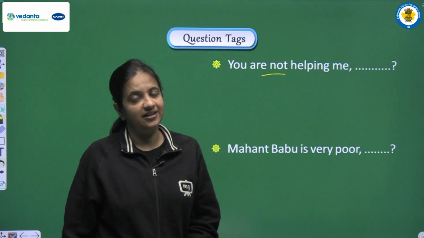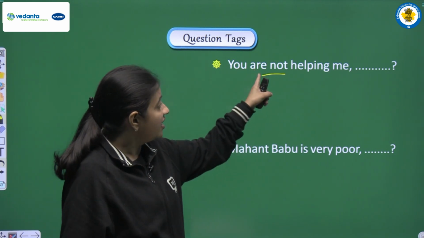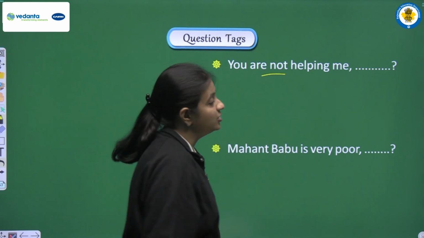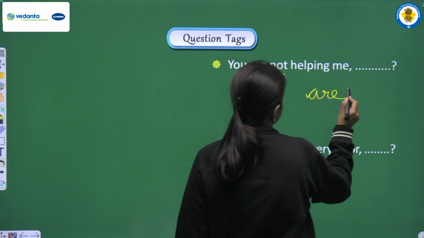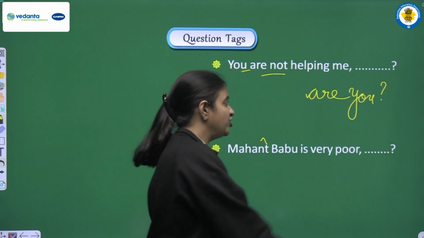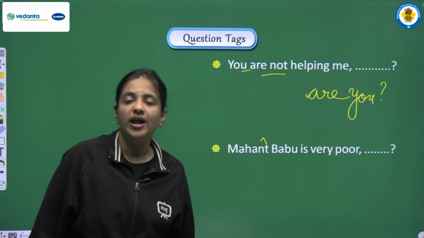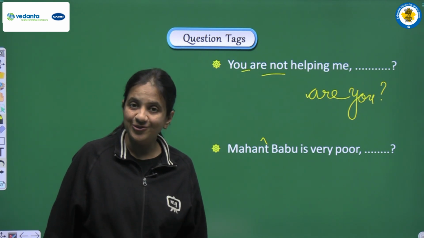So one thing is clear here that we have to make a positive question tag. We are having are as the auxiliary verb here, so we will use the same auxiliary. The pronoun is you, so we will write the same pronoun, and the question tag will be are you, and the complete sentence will be you are not helping me, are you?